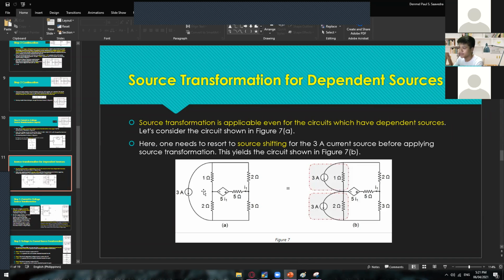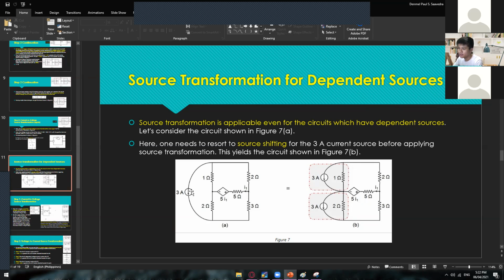So it is something like this, wherein we have this circuit with dependent sources. We have the same goal: the one that we need to find here is the current that is flowing in here.